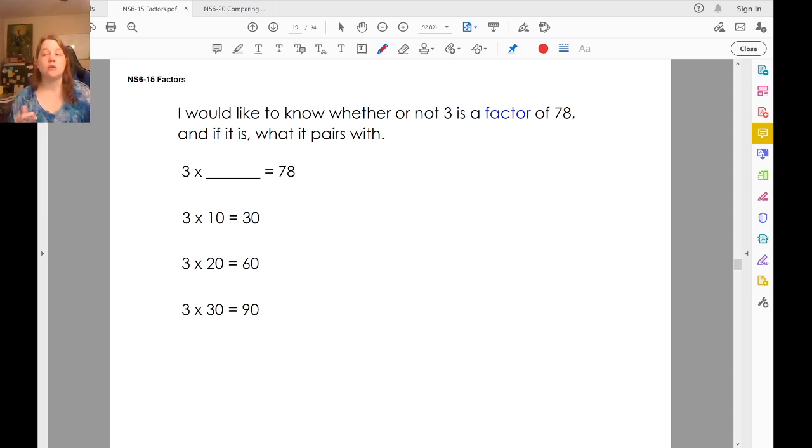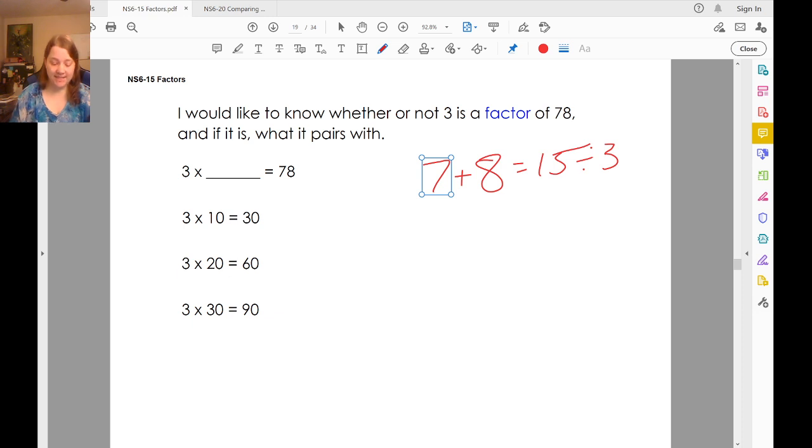We can also, by the way, fun fact, test these by using the 3 divisibility rule, which is if you take the digits of 78, 7 and 8, and add them up, 7 plus 8 is 15. So we know that 3 does go into 78 somehow because 15 can be divided by 3, so 78 can be divided by 3. So let's figure out how many times.